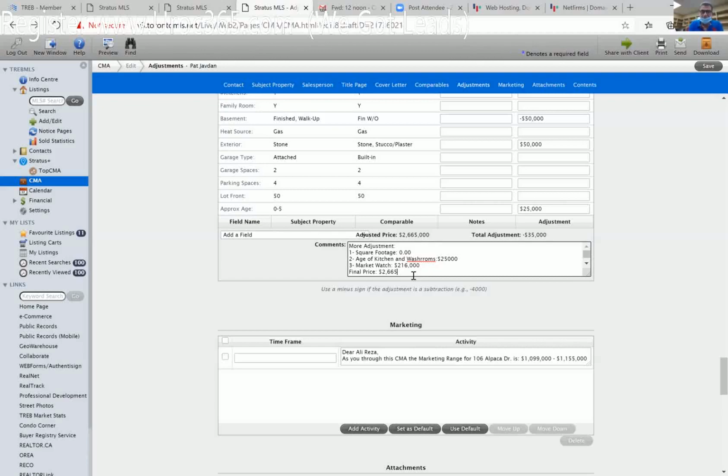Is it 2,665,000 plus 25,000 plus 216,000? How much is that?